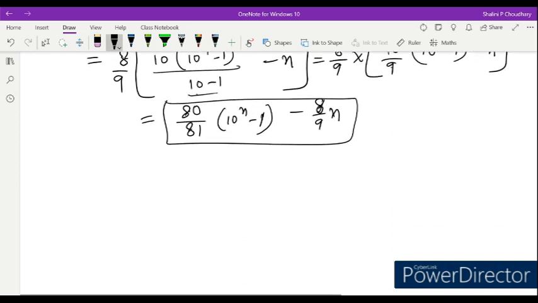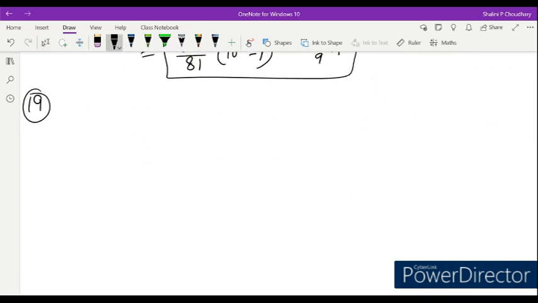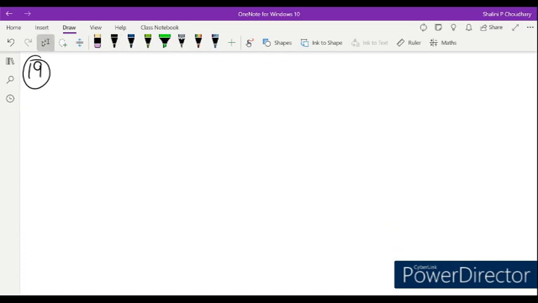Now we'll move to the next question, that is question number 19. In this question, find the sum of the product of corresponding terms of the sequences. Two sequences are given. The first sequence is 2, 4, 8, 16, 32.